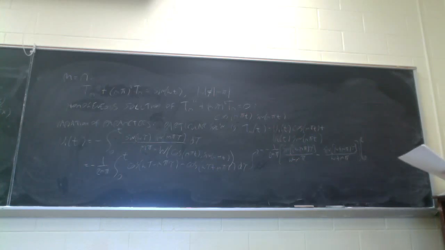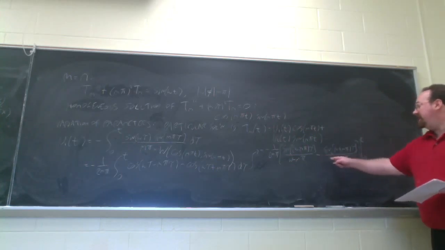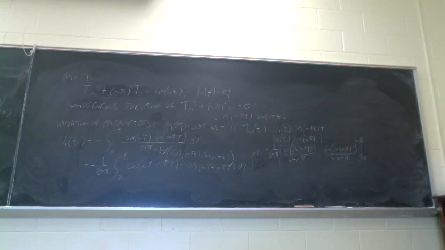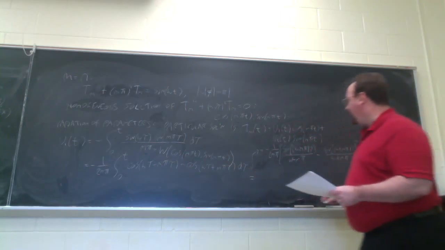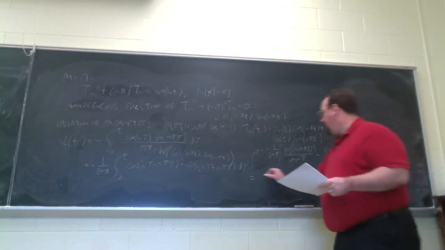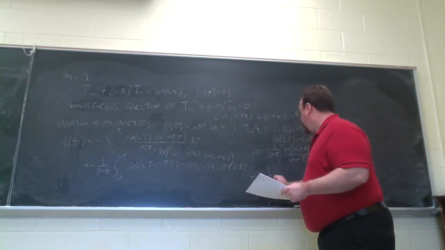Now, this can be condensed by putting everything over a common denominator. And if we have omega minus m pi and omega plus m pi, then we get a difference of squares as a result. Now fortunately, if we plug in the limits, plug in 0 we get nothing, and so we plug in t for tau, so the tau just changes into a t. So after we plug in the limits and put everything over a common denominator, we get this mess.